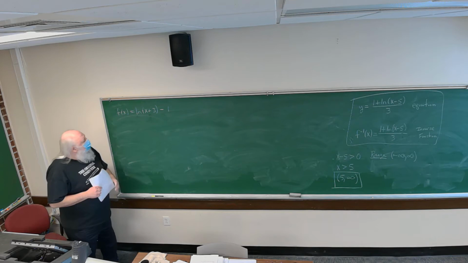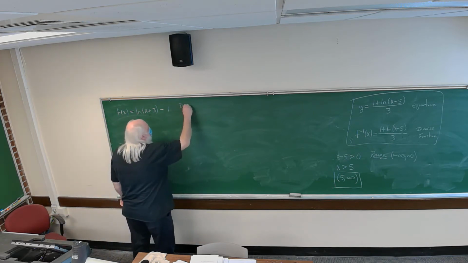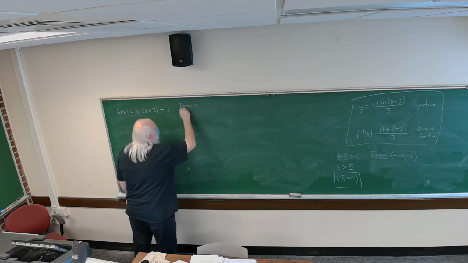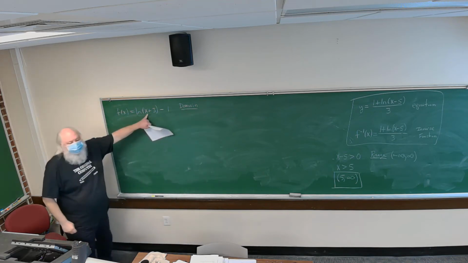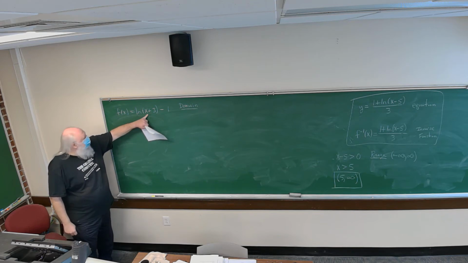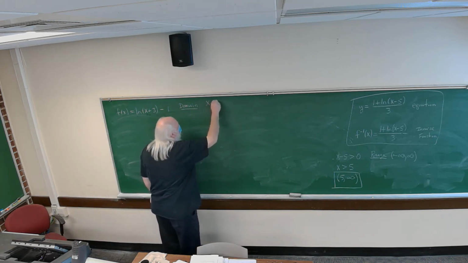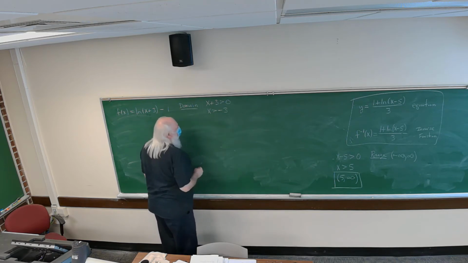Okay. So the domain, the only place where an x occurs is in the argument of the natural log function. And so to find the domain of this function, we just set the argument greater than 0. So we have x plus 3 is greater than 0, or x greater than minus 3.